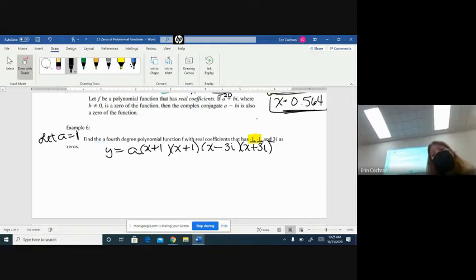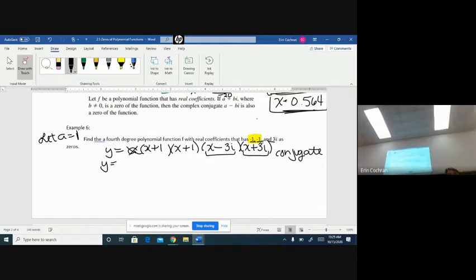Because the only way to get the i's is if they're opposites. Aren't these my conjugates? A -3i and a +3i, aren't those conjugates of each other? So when we write our equations with imaginary roots, we have to use our conjugate. Now, we know a is 1 in this sense, right? So I'm going to get rid of that.